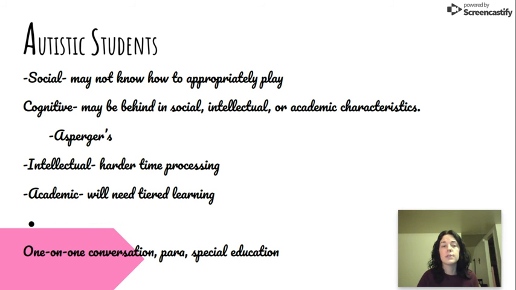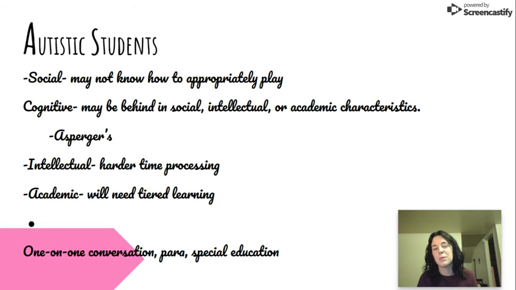Autistic students socially may not know how to appropriately play with their peers. An autistic student really doesn't have quite a grasp on the social expectations for behaviors. So, they might stand too close to somebody, they might be really loud.